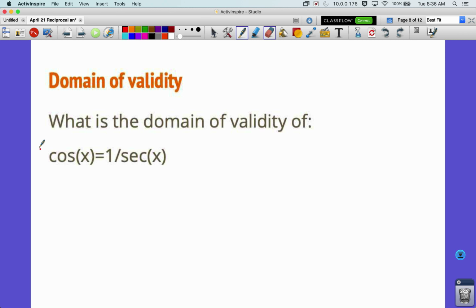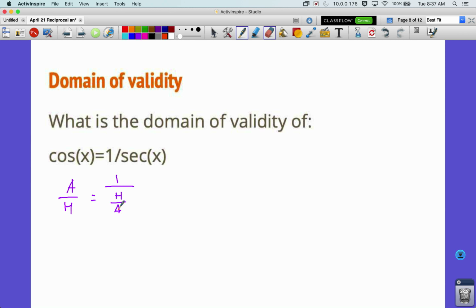A couple ways to think about this. But what I want to do is replace cosine and secant with the ratios they represent. I want to say cosine is adjacent over hypotenuse, and secant is hypotenuse over adjacent. We can see why this relationship is true now, because if we just copy dot flop to the right hand side, we get A over H equals A over H.